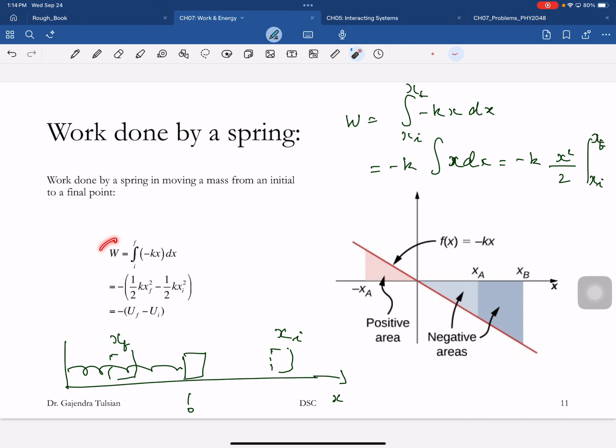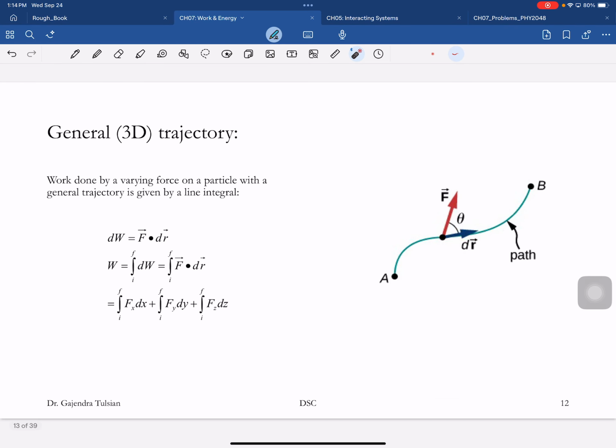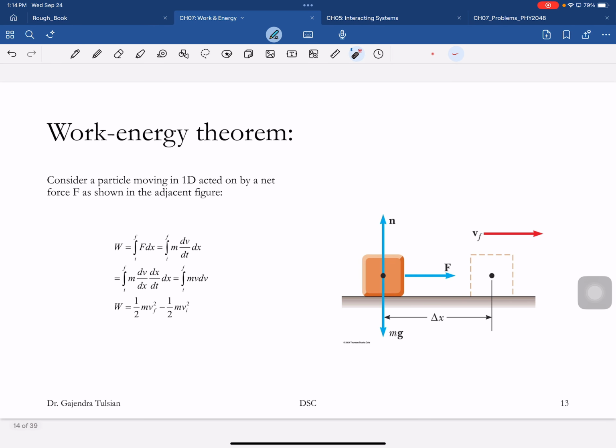All right, so the work done by that force is negative of the potential energy function. Okay, so you saw how to calculate the work done for a 3D trajectory. It's a line integral, and you'll learn about line integrals in Calc 3.